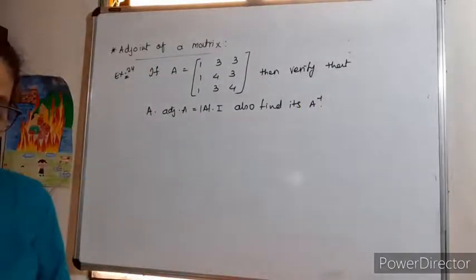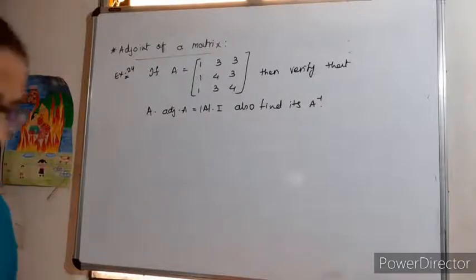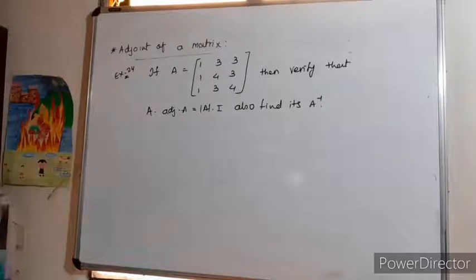So first of all, we have to verify A into adjoint of A is equal to determinant of A into I.